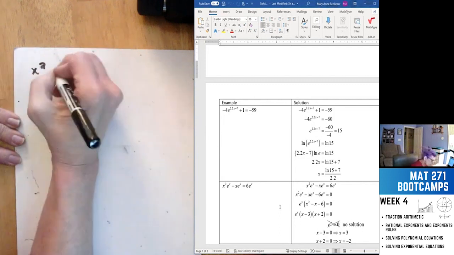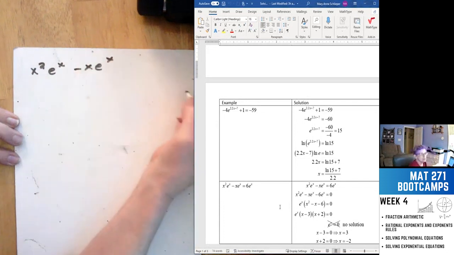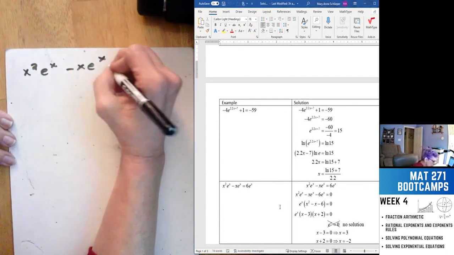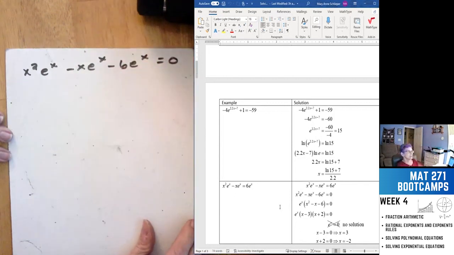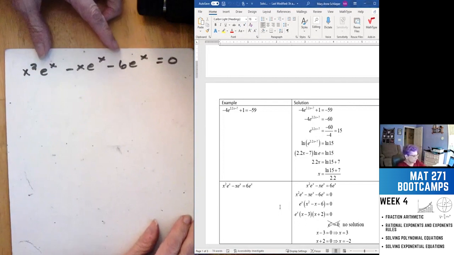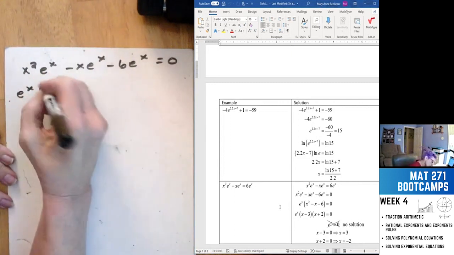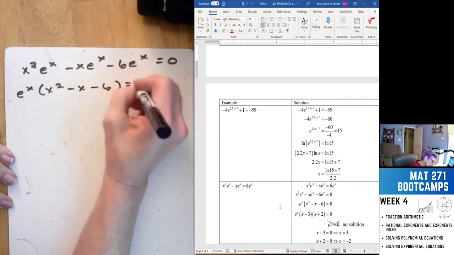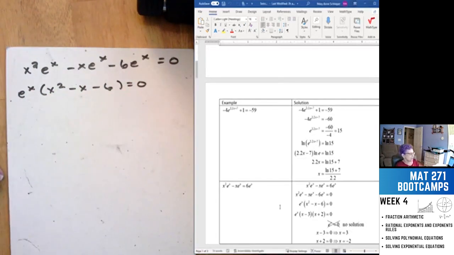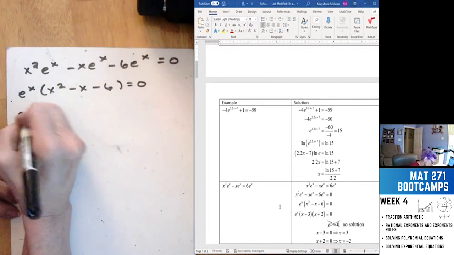Now, x squared e to the x minus x e to the x minus 6 e to the x equals 0. Oh, looky there. Everybody's got an e to the x in it. So let's just factor out e to the x. How convenient. Life is good. That thing factors.